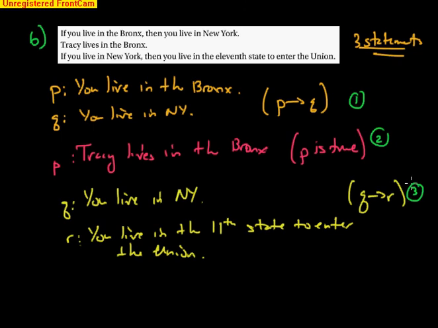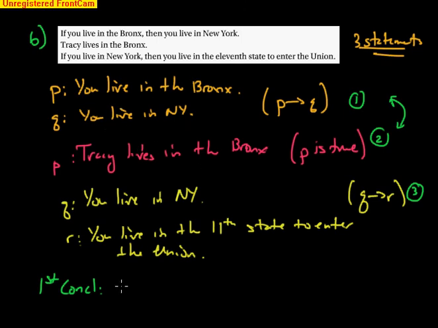So I have 1, 2, 3 things to work with. And it doesn't matter, well, it does matter what you do, but you need to work with 2 at a time. So there's 2 ways to look at this. I'm only going to explain it one way. And the way I'm going to explain it is by combining the first and second. They give you a conditional, and then they tell you that P is true. The hypothesis is true. So my first conclusion is that, well, if P is true, then Q is true.